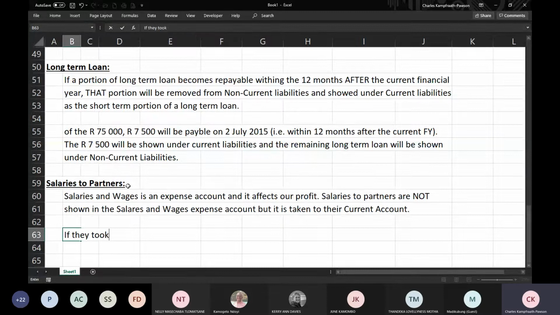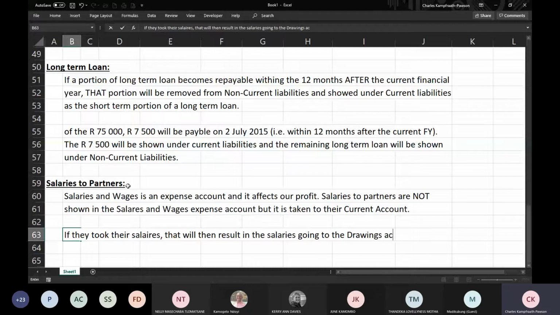If they took their salaries, that will then result in the salaries going to the drawings account of the partners.